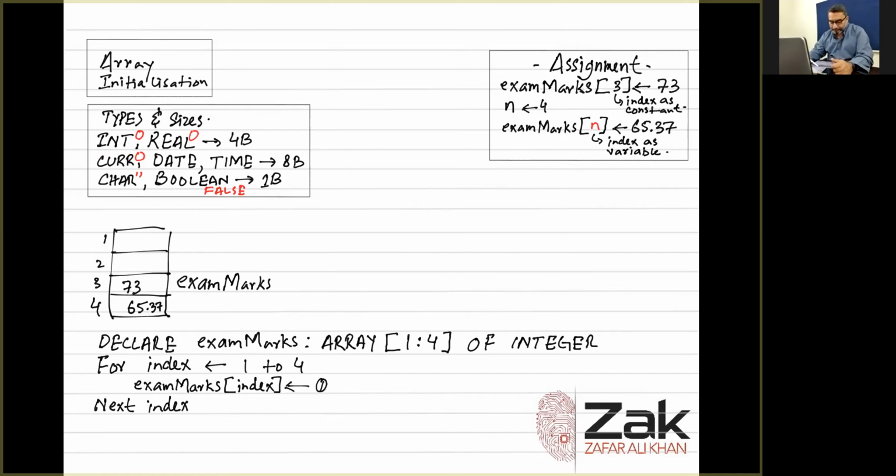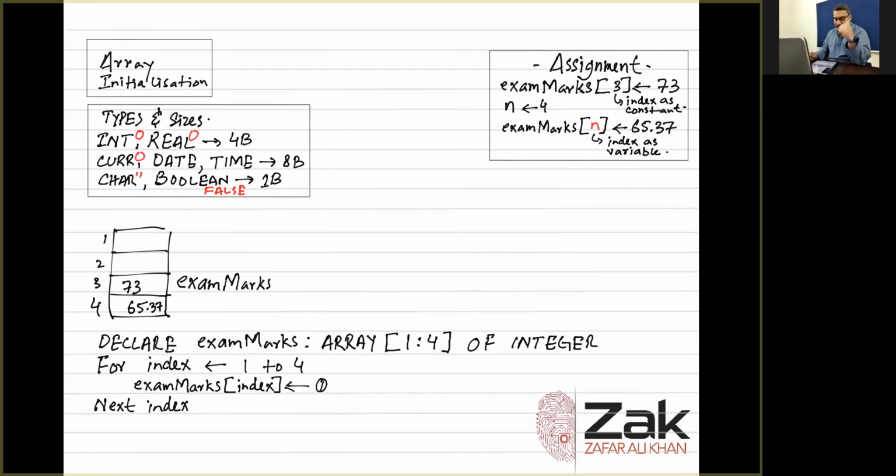Single quote means null, means nothing. The same happens with string, double quotation, null. Boolean is always initialized with false, and date and time are never initialized. There is no point making date and time 0. If you are required to initialize date and time, you would initialize it to the current date and current time.